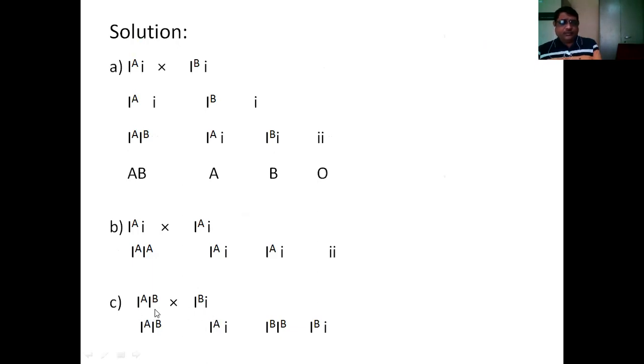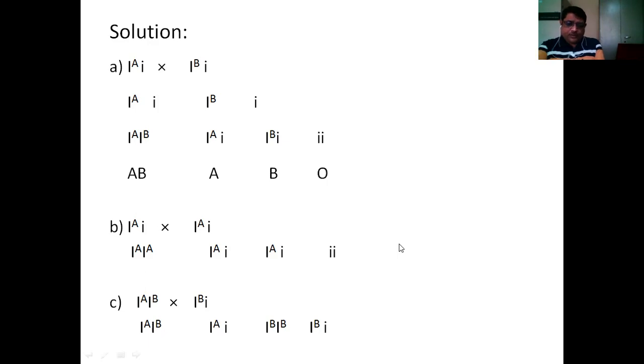When IAIB is crossed with IBi, we will get IAIB as the AB genotype, IAi, which will have the A blood group phenotype, then IBIB, which will have B blood group, and last IBi, which also has B blood group.